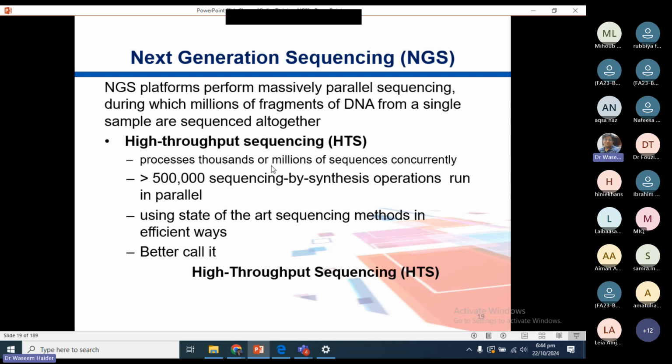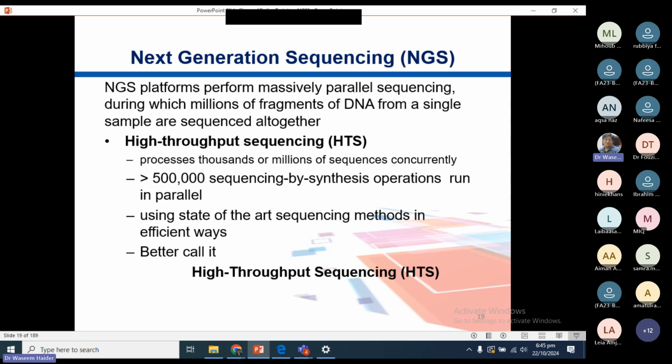So you can process thousands or billions of sequences concurrently, which is why these are high throughput. Generally, more than 500,000 sequencing by synthesis operations run in parallel inside those instruments. They are really smart.